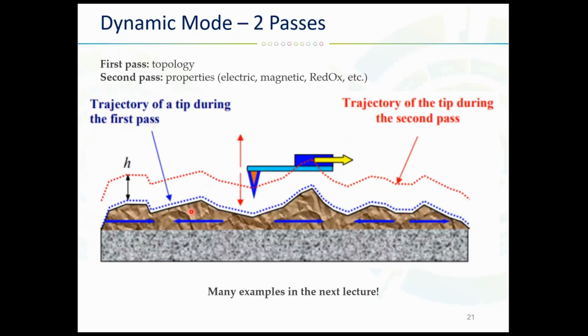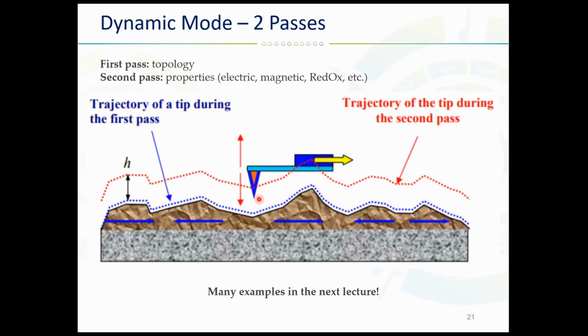Technically, it will provide topographical information of the surface when it goes for the first pass on the blue line here, and it will give us some functional signal when it scans the sample during the second pass when it's not attached to the surface.